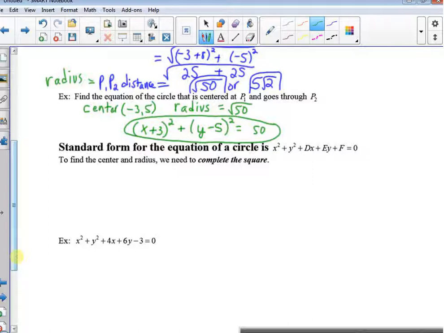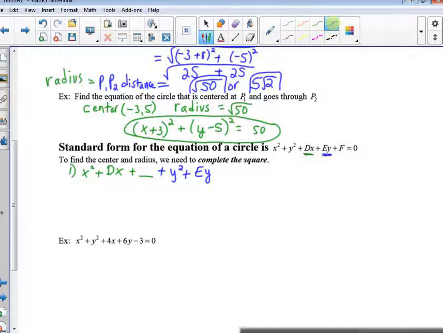So remember, what you do first is you set it up as x squared plus something x. If I take from this equation dx, then you're going to do plus blank. Switch colors, and then we're going to do plus y squared plus ey.